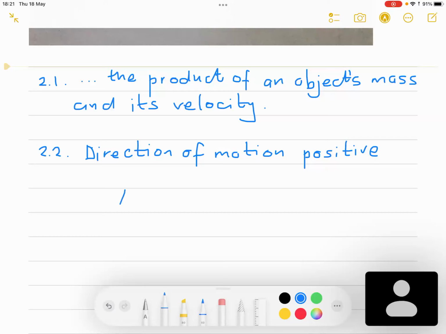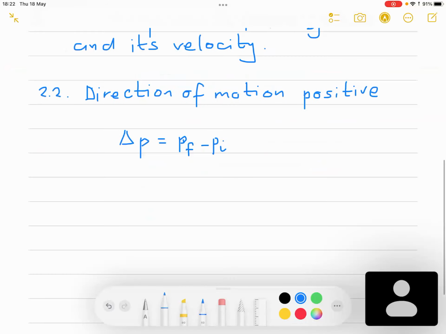So delta P is just equal to my final momentum minus the initial momentum. And then that's just final is mvf minus mvi.